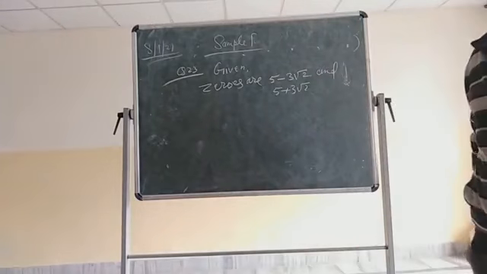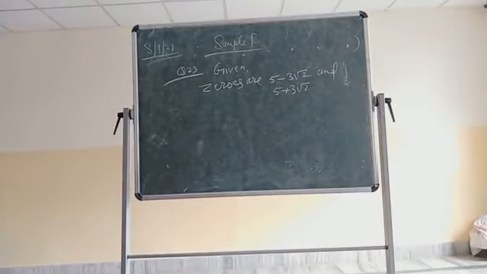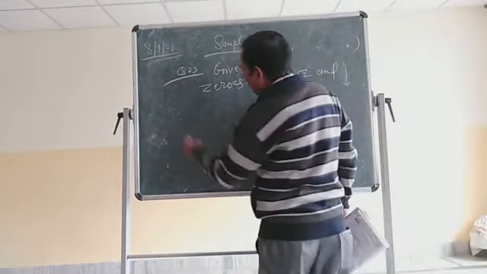You say x square plus sum of zeros x plus product of zeros. Correct? Yes, sir. Okay, very nice.